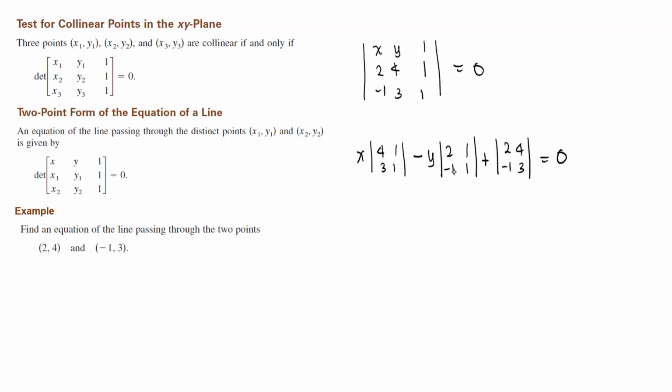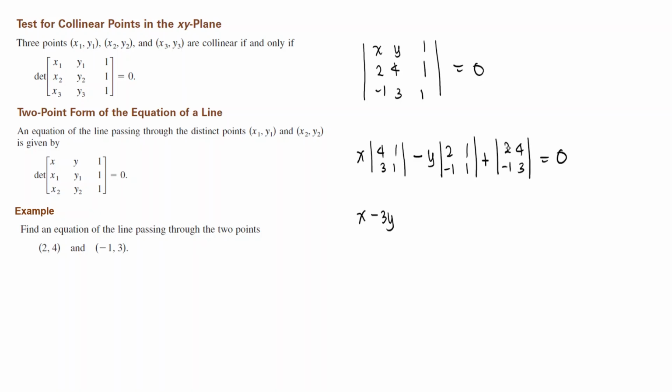Next, we find the determinants of these matrices. So that's x times 4 minus 3, so that's just 1. And then minus y times 2 minus negative 1, so that is 3. So we'll just write down 3y.